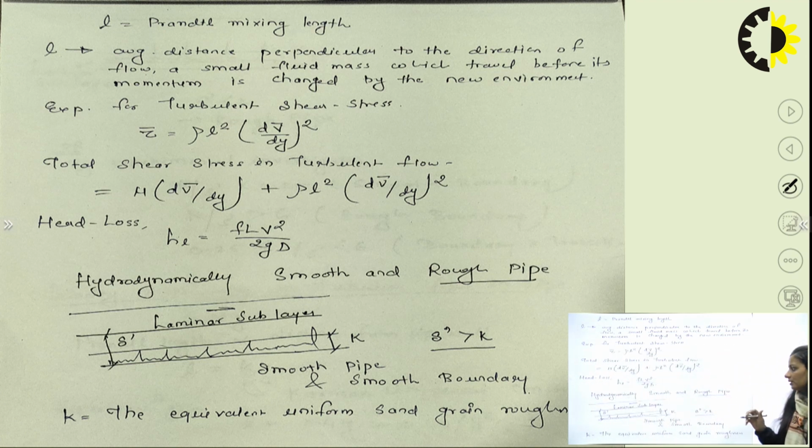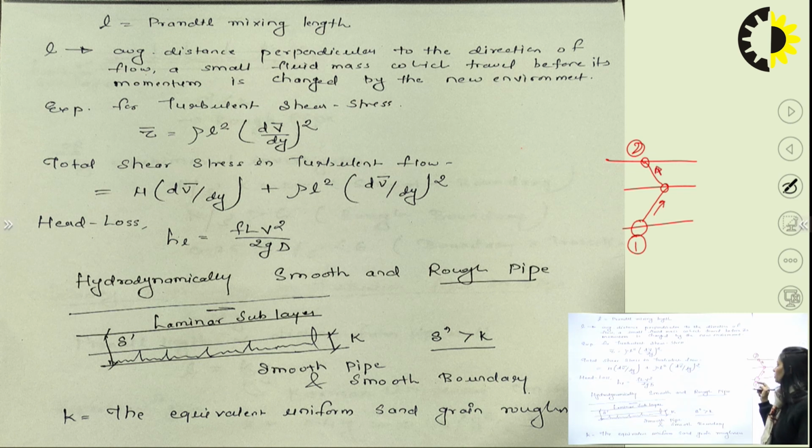Let us understand. If there are certain layers in turbulent flow, let us suppose this is a particle, and this particle is jumping from here to here, from here to here. Let us suppose this was position number 1 and this was the final position of this particular particle. The particle has moved from here to here. Now the shortest distance, or you can say the transverse distance, between position 1 and 2 will be your mixing length.